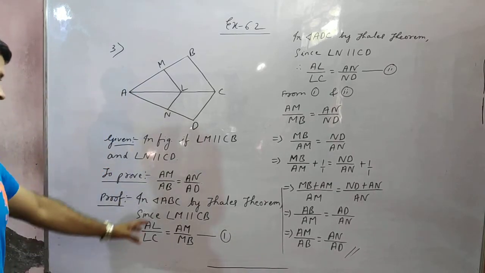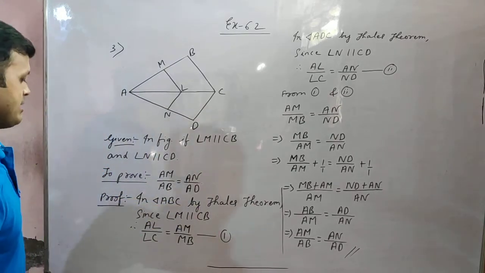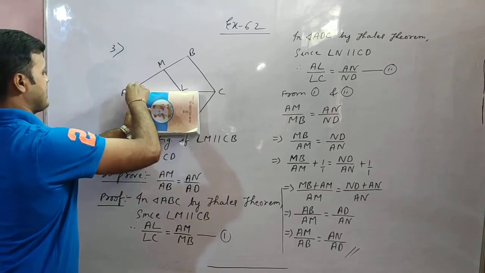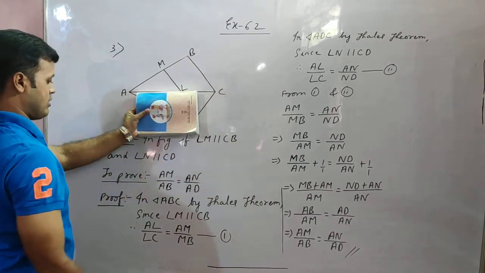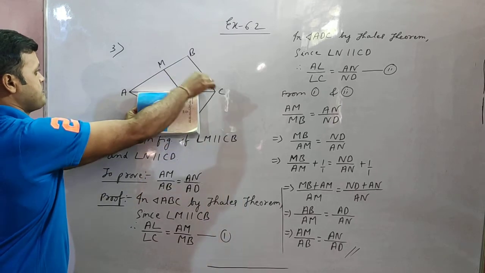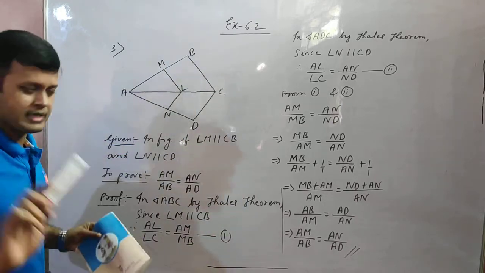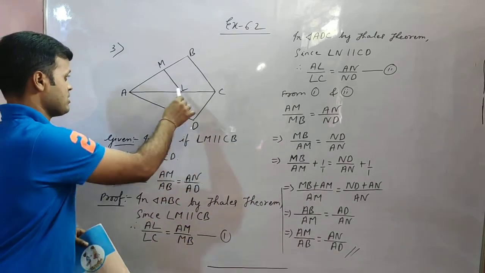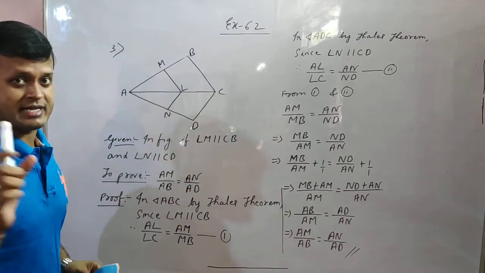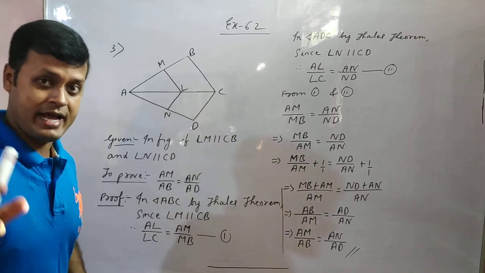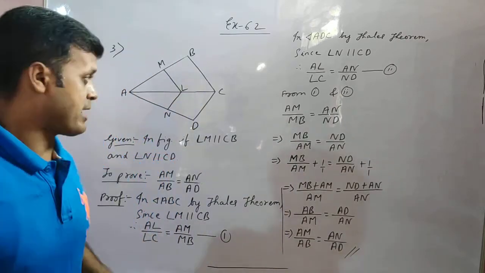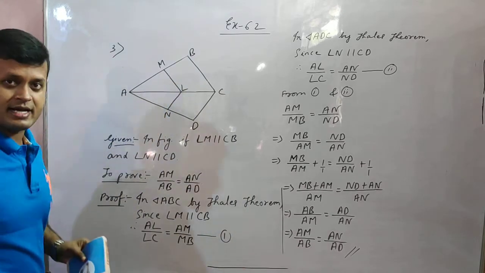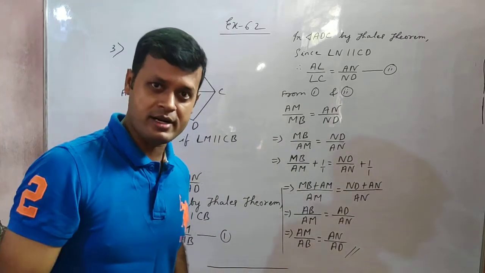So in triangle ABC, by Thales theorem, let us consider triangle ABC, students. Only this triangle we are considering. So since LM is parallel to CB, what can be written then? By Thales theorem: if a line segment is parallel to one side of a triangle, then it will divide the other two sides in the same ratio. Theorem 6.1, isn't it?